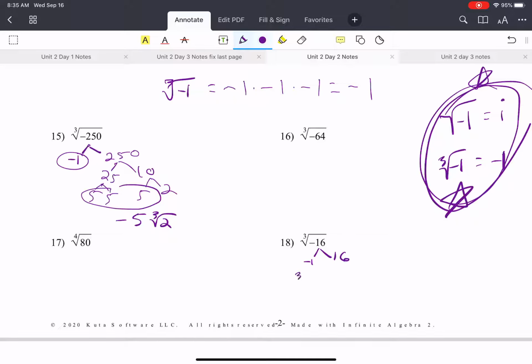So remember, it's going to be like cube root of negative 1 times the cube root of 16. All right, so then I have 4 and 4, 2 and 2. It's a cube root again, so I'm looking for triples. So the cube root of -1 is negative. And then I have a triple of 2, so -2, and then my leftover is the cube root of 2.